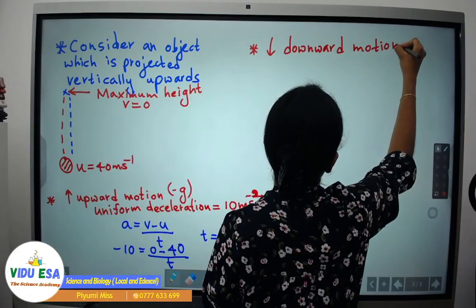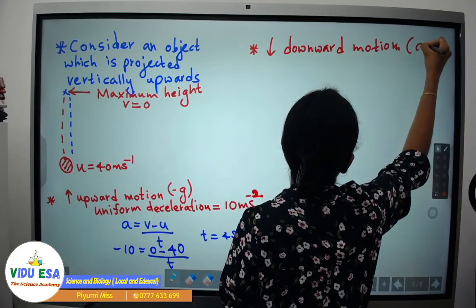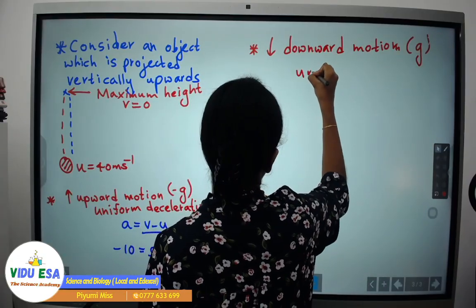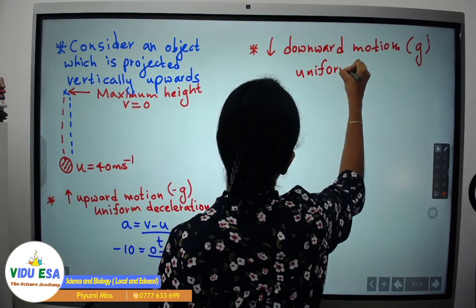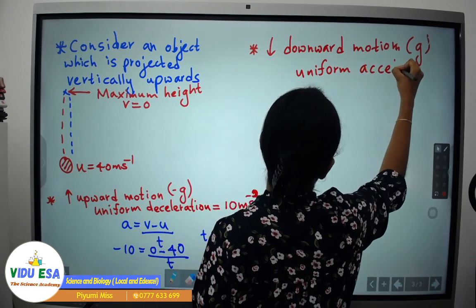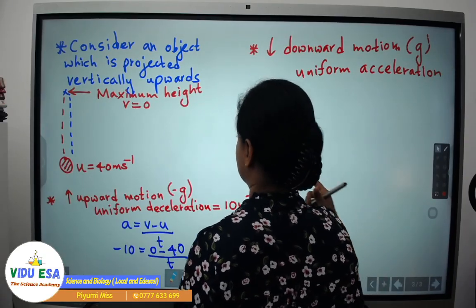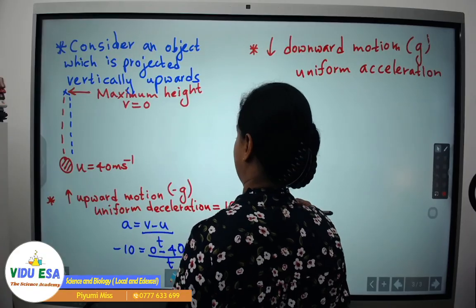Therefore, actually it is according to acceleration due to gravity. That is also a uniform acceleration, the downward motion, right? Uniform acceleration, but in the opposite direction.